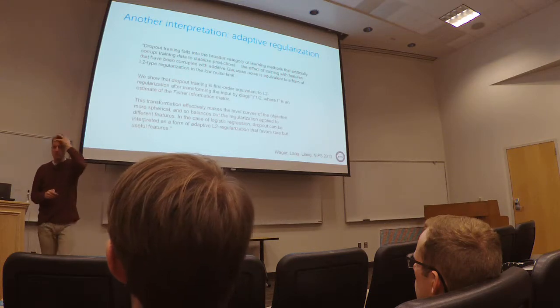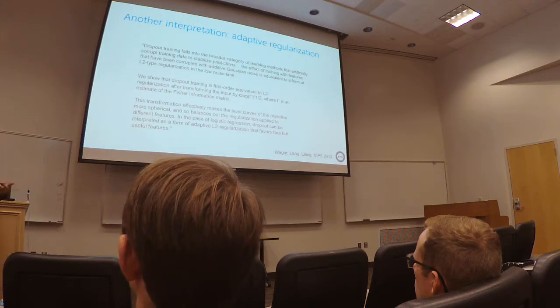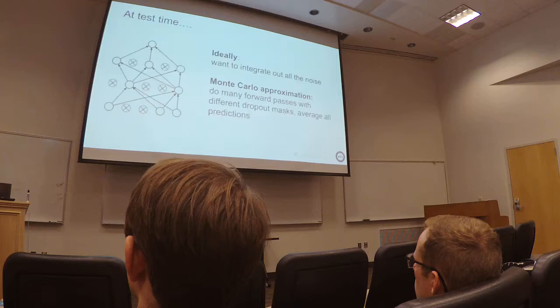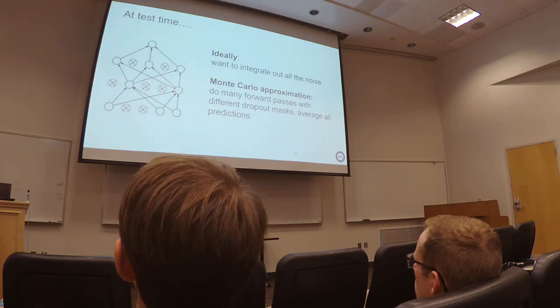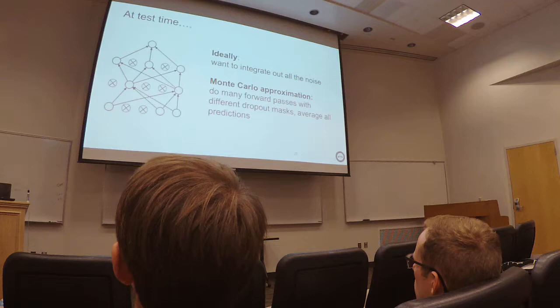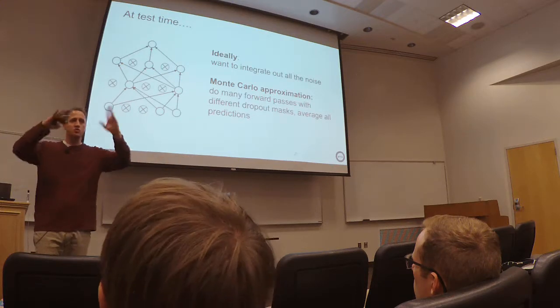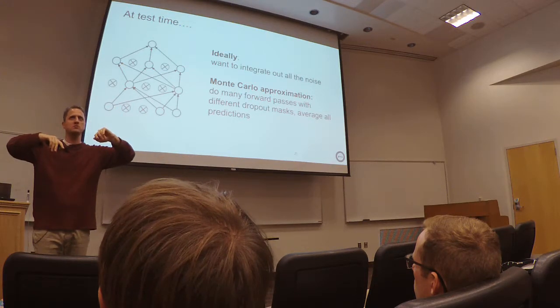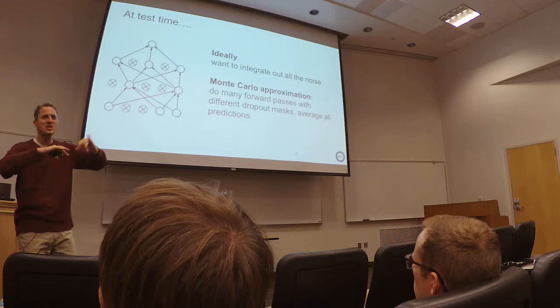Okay, now, of course, you might be thinking, what do you do at test time? At test time, do we also drop things out randomly? Ideally, of course, we wouldn't drop out things at test time. This is only for training. What we'd really like to do is sum over all possible dropouts.